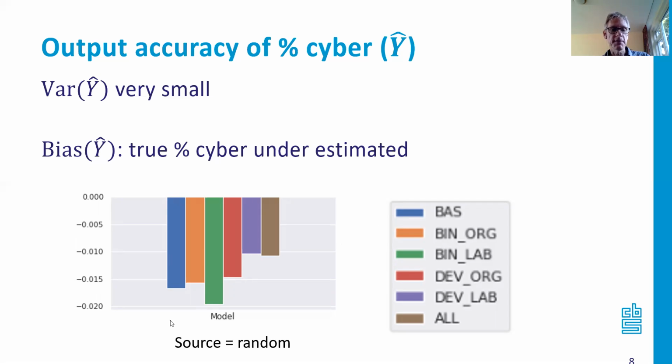In the basic model here, it's 1.5% underestimated. And when we had these retrainings, all these colored bars, you see that the bias changes. It's rather sensitive, and the reason is that when you have a low base rate, the bias is sensitive to small changes in the accuracy of the model.